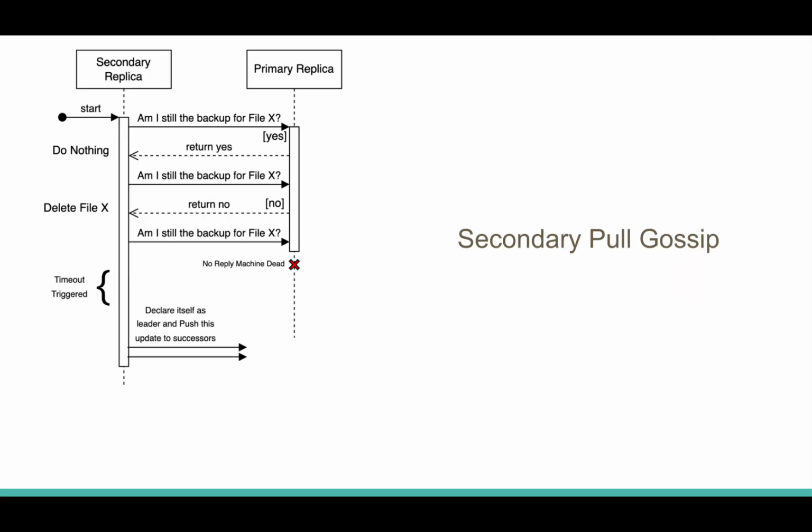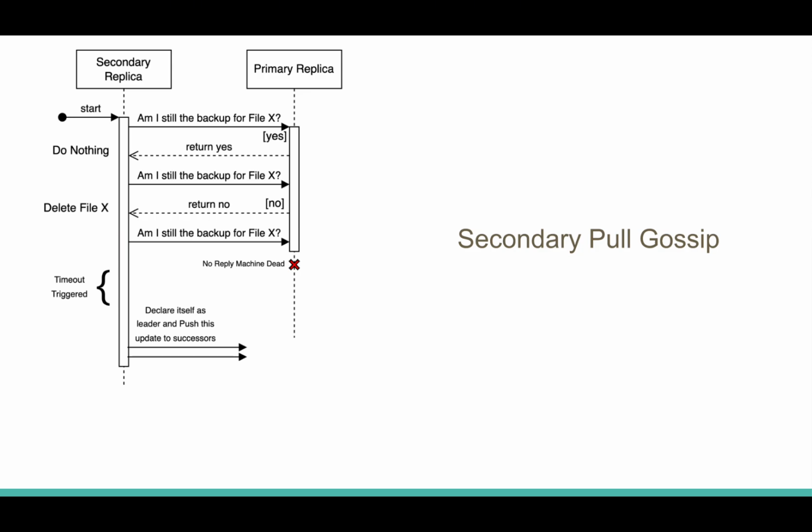In addition to the push gossip that we saw earlier, we also have a pull gossip that runs periodically in the cluster. The pull gossip is run on the secondary and the tertiary replica. The secondary replica asks the primary if it is still the backup for a given file X. In response, the primary replica may reply yes, in which case the secondary replica has to do nothing, or the primary replica may reply no, which means that the secondary replica is no more a replica for file X, so it deletes the file X from its local repository.